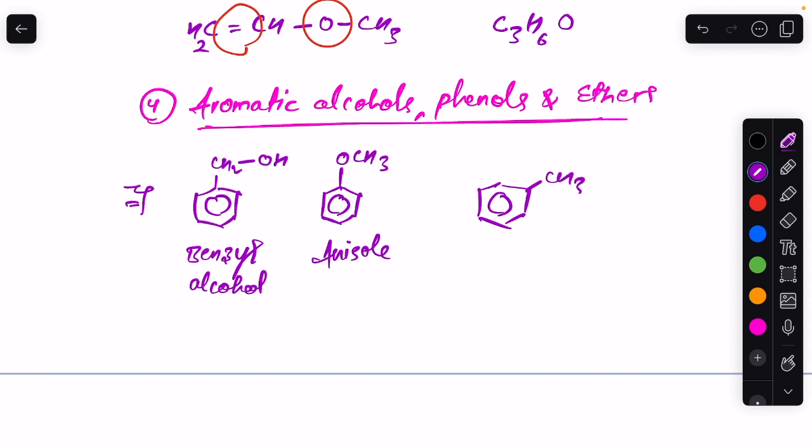It can be written as CH3 with the OH. Now, as benzene is directly attached to the OH group, that means this is a phenol fragment. The common name is orthocresol.